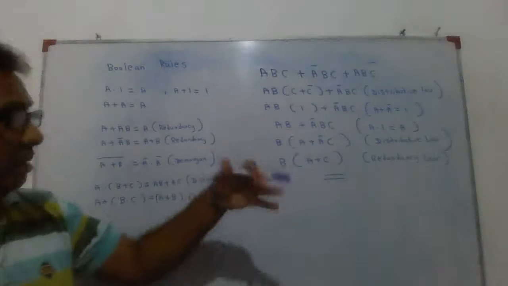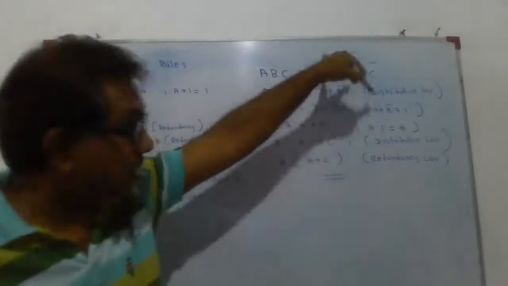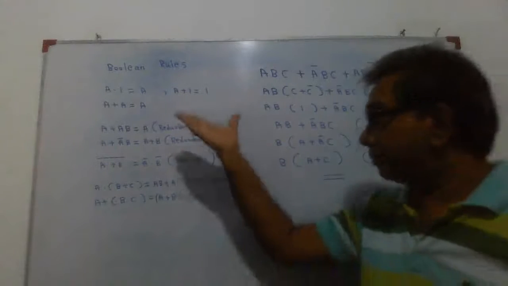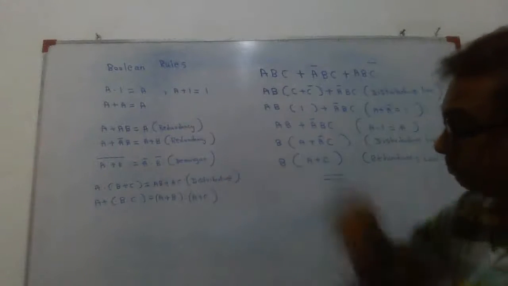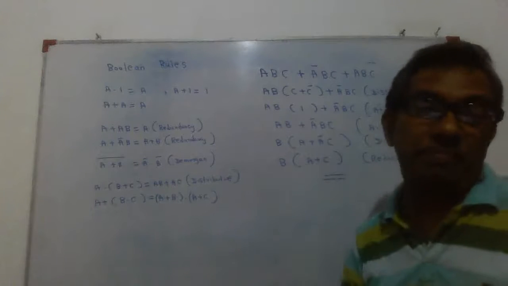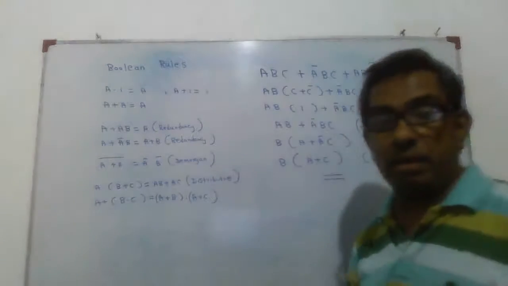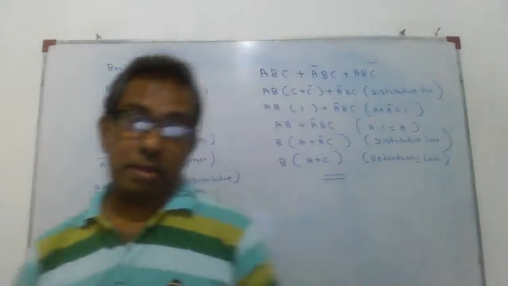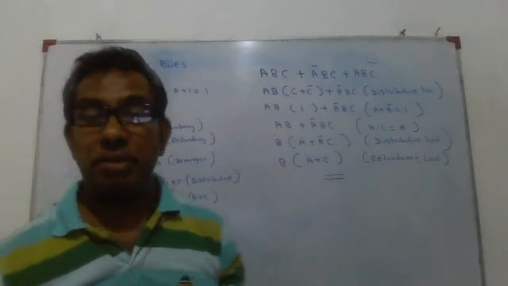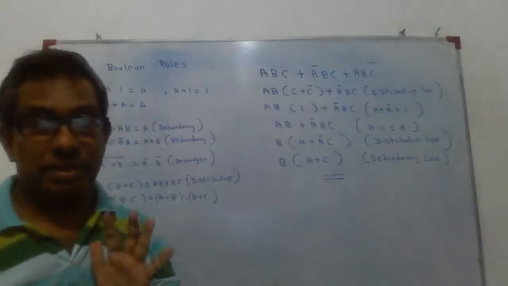I think they may have used different rules here. It can be because sometimes they think about different rules and get the same output. The output should be the same. If you use any different law, it is not a big problem, but if you can reach the same output, it's okay. That is the way.